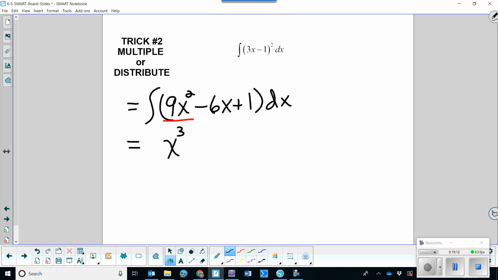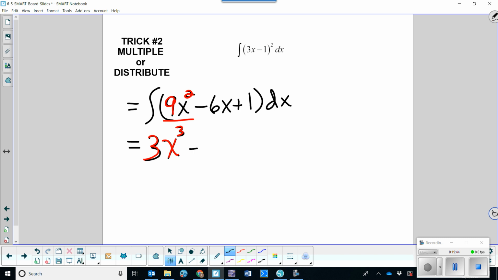Well, I have a 9 in front and then I'm going to divide by 3, so that makes a 3. Now, if you will look at these and you will work them back, okay, like do your derivative formulas, it'll help you see these faster. So if I was doing the derivative, I would multiply the 3 times the 3 in front. There's my 9. I would write this down and I would lower the power by 1. And there you go. So it will help you to sort of match things up if you'll just practice that a little bit.